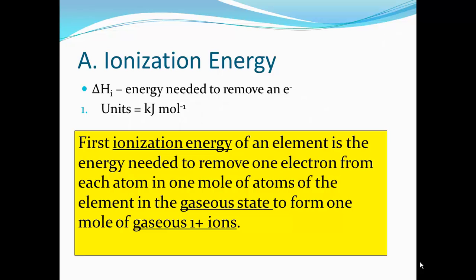They're easily removed in metals, remember, because they become positive. A little more difficult in nonmetals because they want electrons, so it's hard to remove electrons. So it's the energy needed to remove one electron from an atom in 1 mole of atoms of an element in the gaseous state.